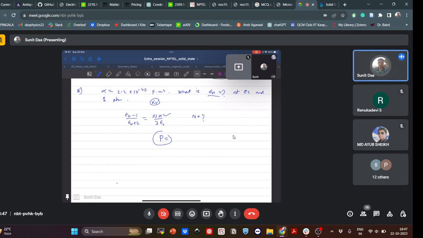Right, that may be correct because n is a material property, so I need to know the material property for krypton. This type of question I think they will avoid in the exam at least, because in the exam I don't have time to find the n value for krypton and then solve the problem, right?